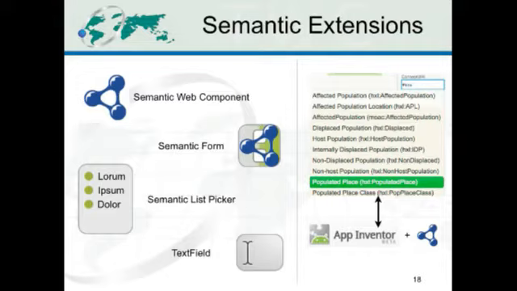And then there's the text field, which is actually part of the normal AppInventor, but we've added a few capabilities to it. So, for example, you can type it, you can give it a concept URI, and if it's XSD integer, for example, it will know to apply the integer to it. You can also type it as an actual URI. You can say that this field will contain a URI that is a fourth person.